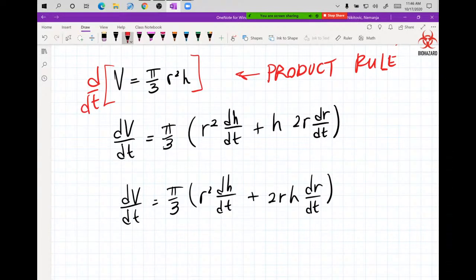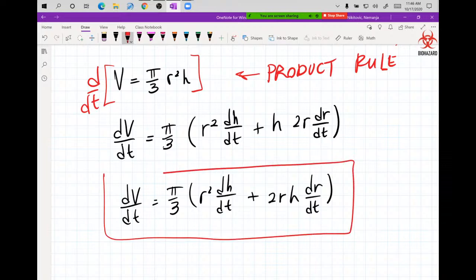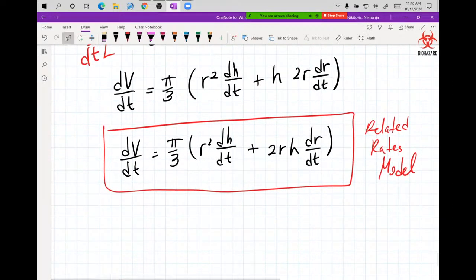This is your related rates model. And this related rates model is exactly the same for every cone that you can possibly think of. But it has a lot of variables. It has dV/dt, r, h, dr/dt, and dh/dt. It's 5 variables.